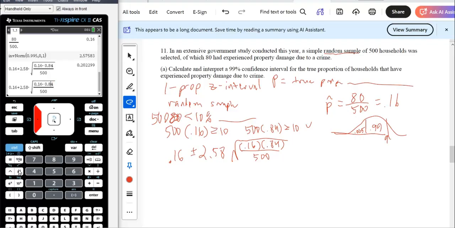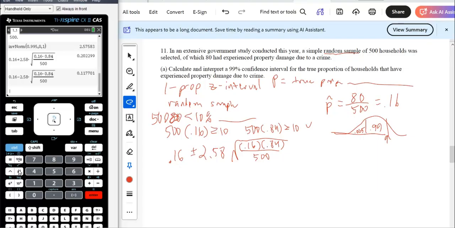Copy and paste that, change the plus to a minus. So we think those are the lower bound and upper bound, so 0.117877, comma 0.20, I'm just going to round that to 23, I think. Okay, so we think that's our interval here.